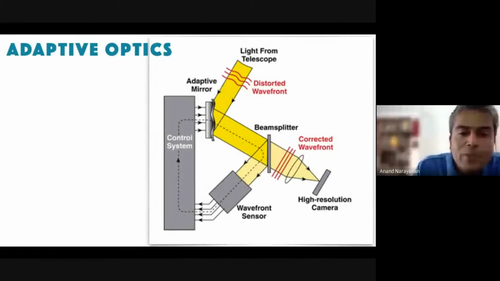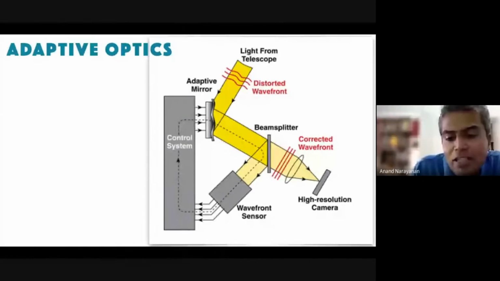Actuators are like hydraulic lifts which can push or pull different parts of the mirror in one direction or the other. The actuators are like pistons moving up and down, and this movement is controlled by a control system, and that control system is fed information from something called a wavefront sensor.